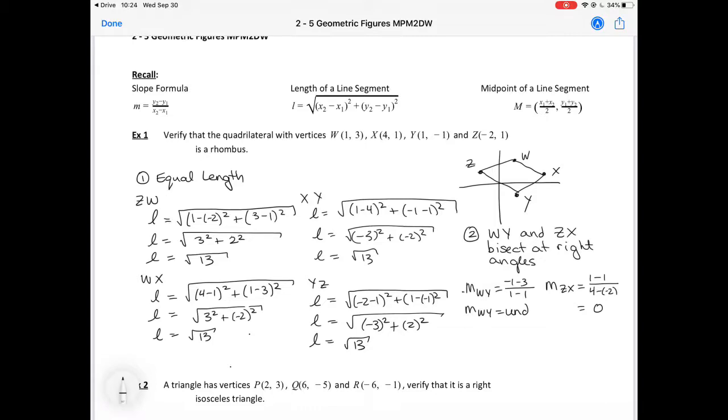And then I'm going to check and make sure that the midpoints are both the same, which means that they cut each other in half. So use capital M for midpoint, which matches the formula at the top. So my capital M between WY is going to be x1 plus x2 divided by 2, y1 plus y2 over 2, which is going to give me my midpoint of WY as 1.